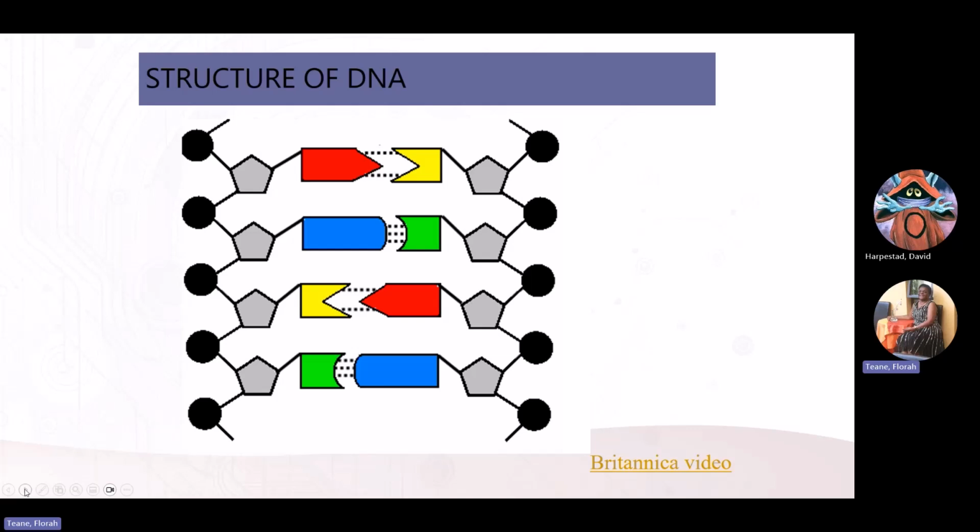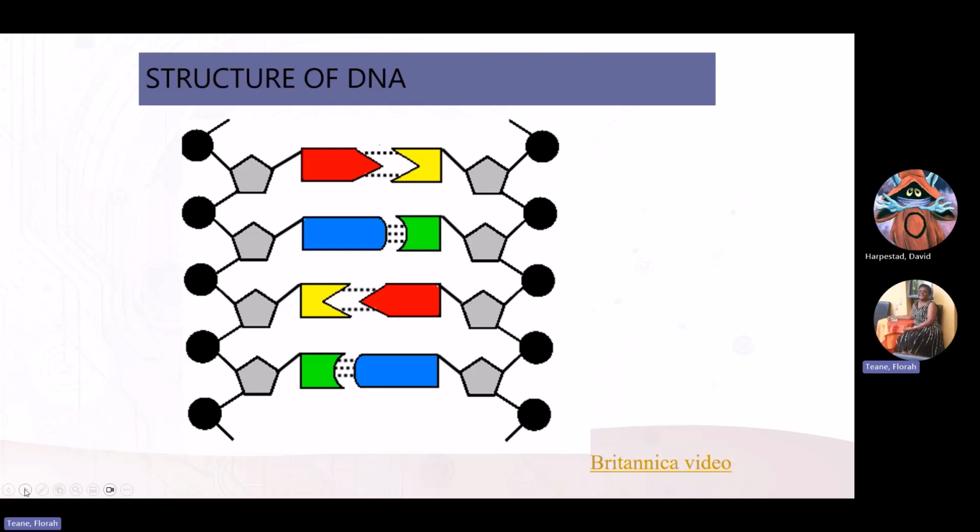The guanine in the structure of a DNA molecule will always match with cytosine. We normally use the letters G for guanine and C for cytosine. And thymine, which we give the letter T, will match with adenine. So if you look at these nitrogenous bases, always the purine will match with a pyrimidine.